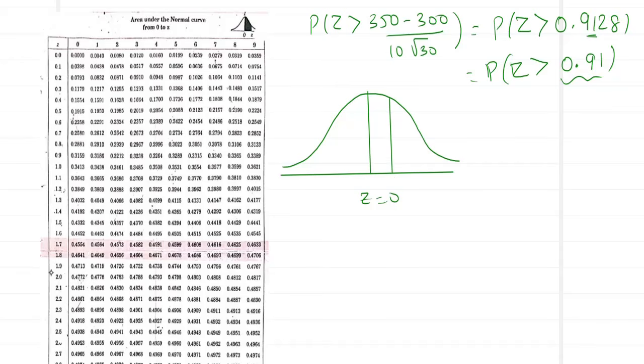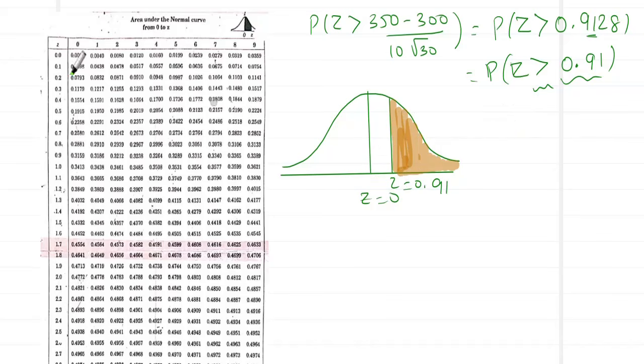So let me mark this as Z equal to 0.91. What is the requirement? Greater than, which means I require the portion which is more than 0.91. This is the portion greater than 0.91.